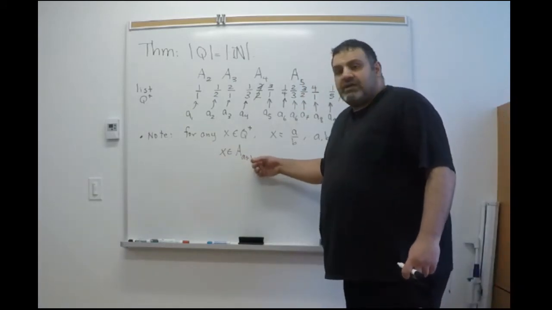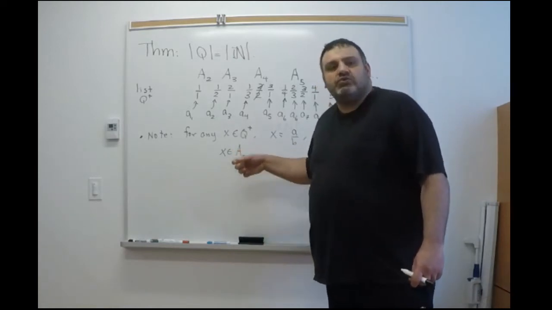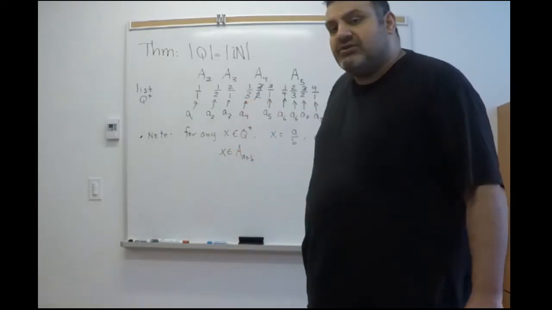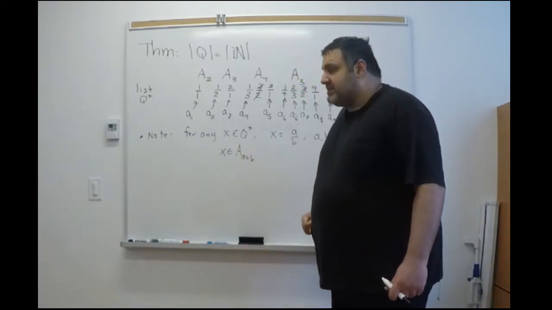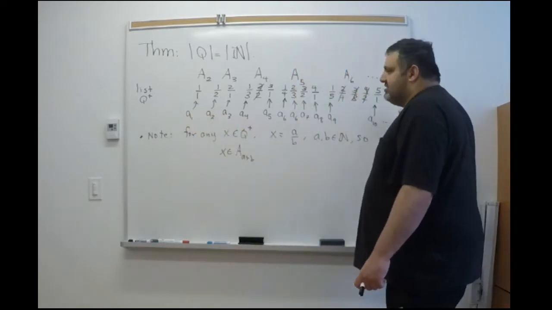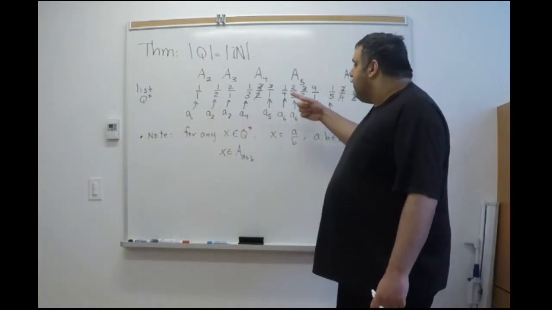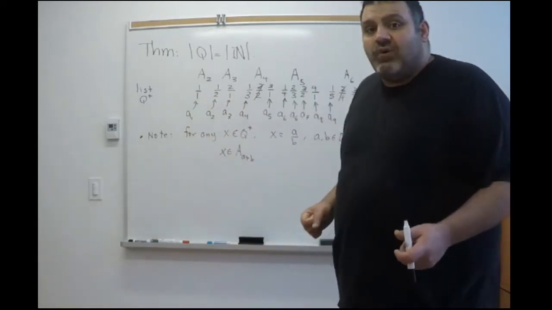Remember, the subscript a plus b, by definition, contains the fractions whose numerator is a and denominator is b, of that form, that sum up to a plus b. So every positive rational number occurs in this list. And because we've eliminated the things prior, if it's repeating, it occurs exactly once.